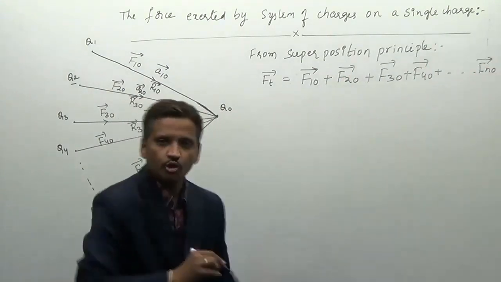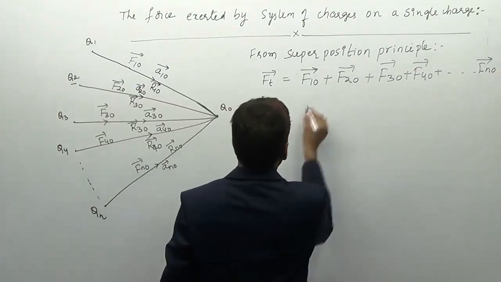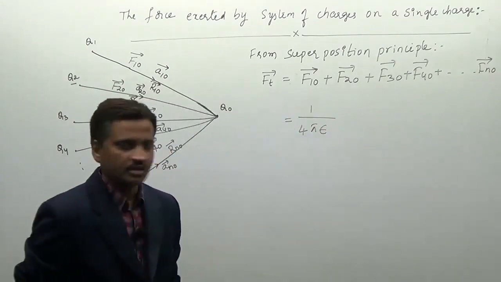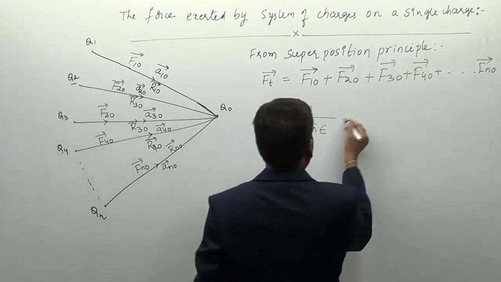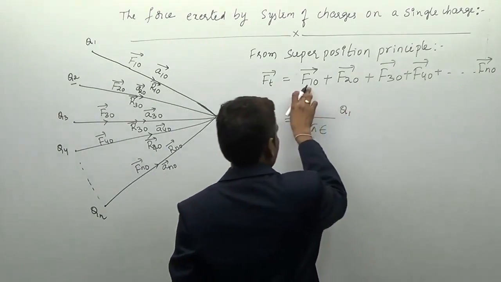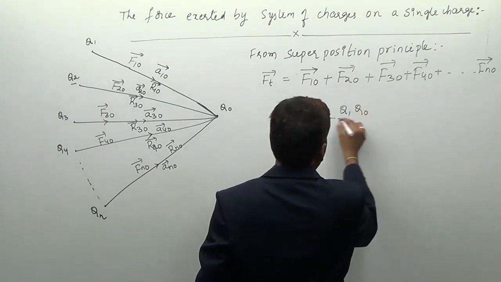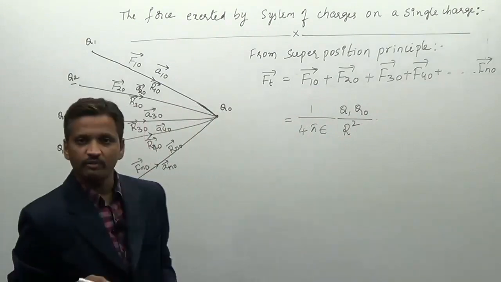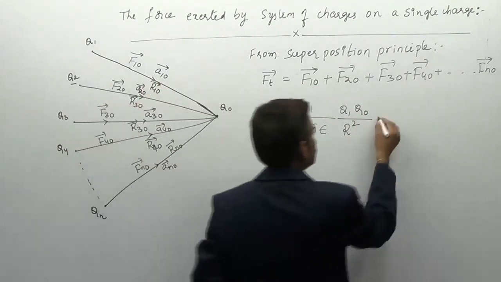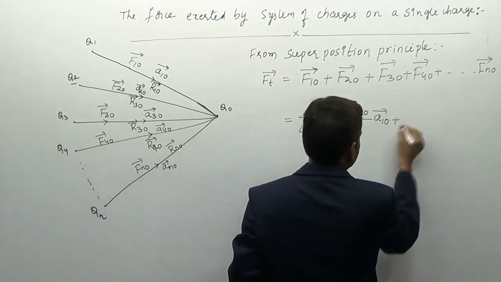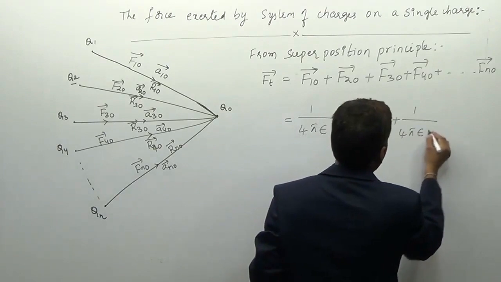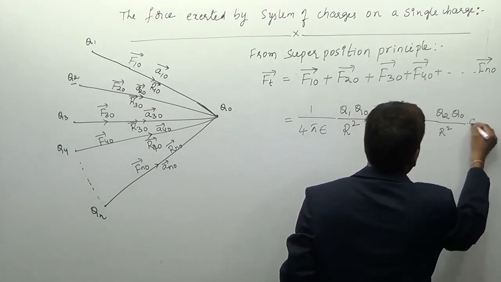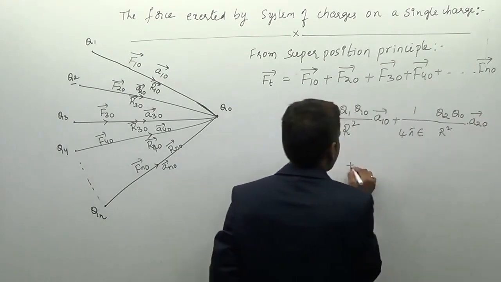This F10 vector can be written as 1 by 4 pi epsilon. If it is free space, we can write epsilon naught, but it is in a medium, so we can take it as epsilon only. So Q1 Q0 by R square, into the related unit vector A10, plus 1 by 4 pi epsilon into Q2 Q0 by R square into A20, plus so on.